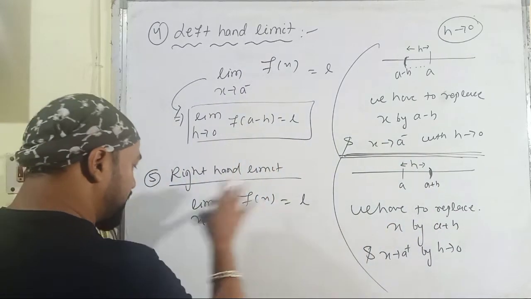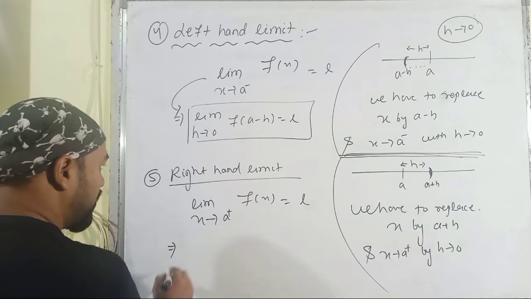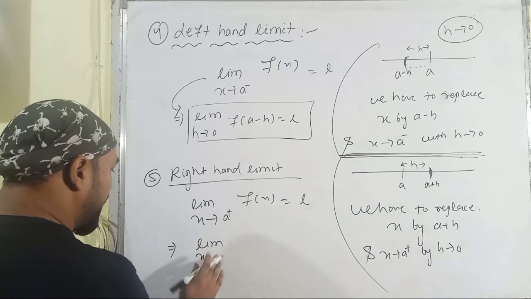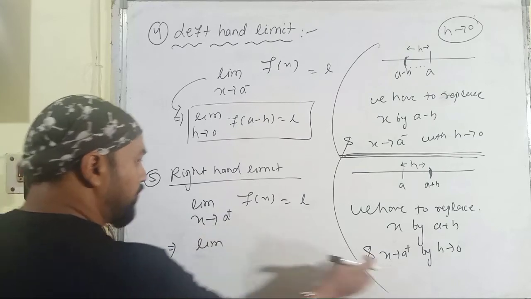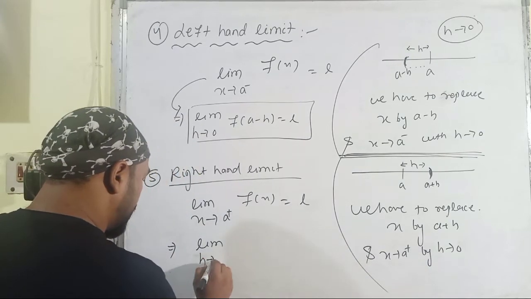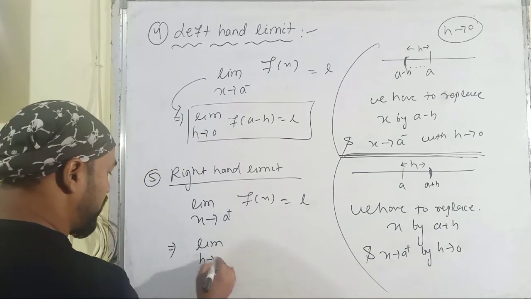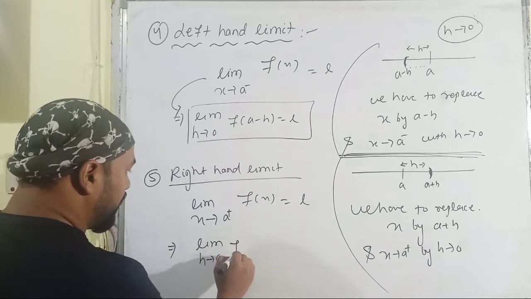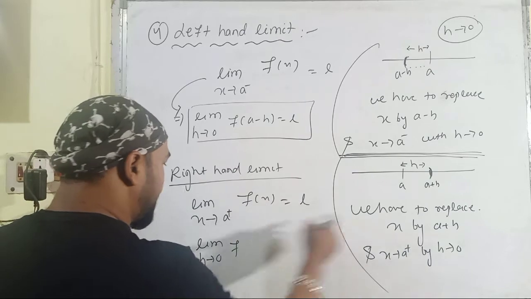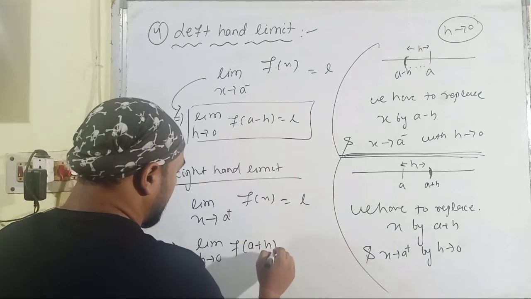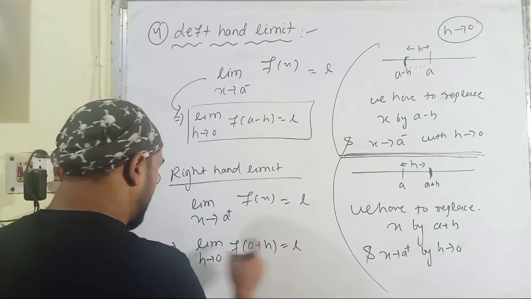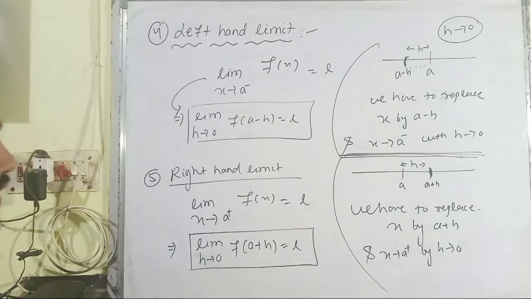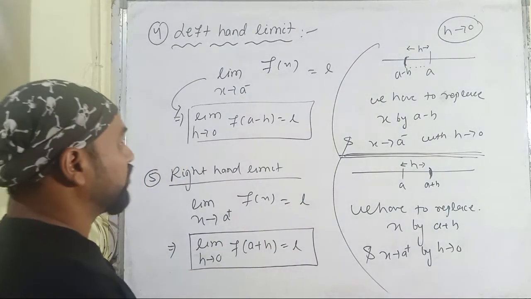So we have to replace these things and find out the transformed right hand limit. So as x tends to a plus is replaced by h tends to 0, the value of f of a plus h is equal to L. So this is called the right hand limit of the given function f of x.